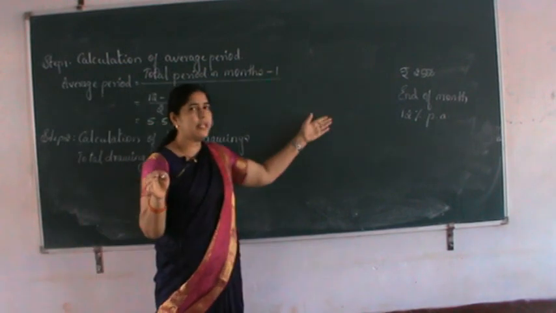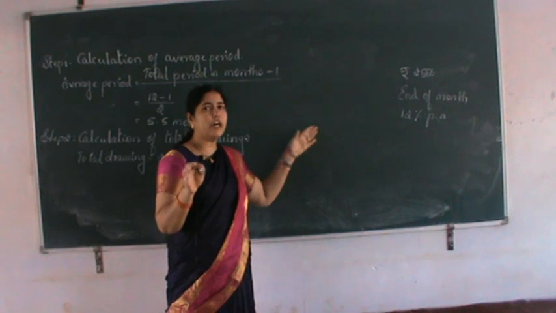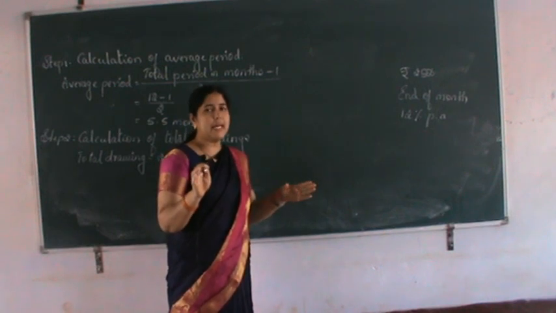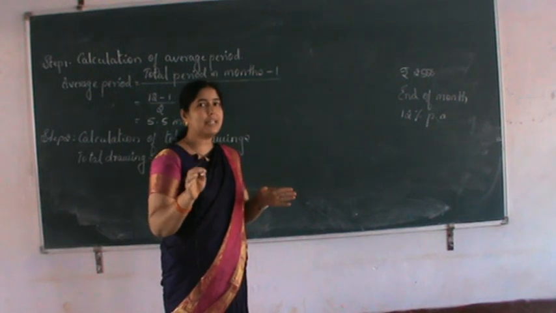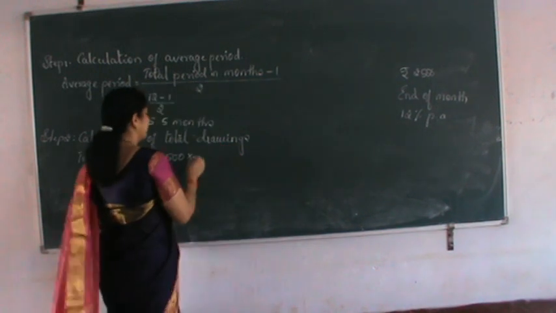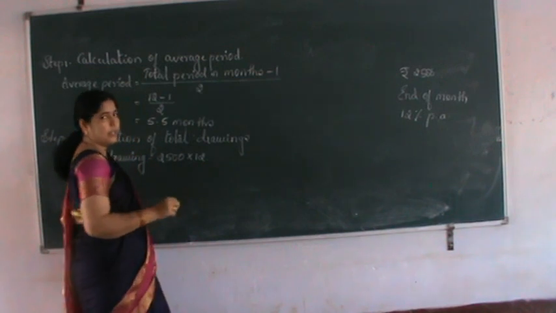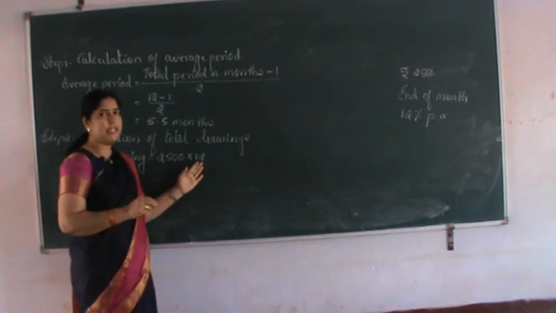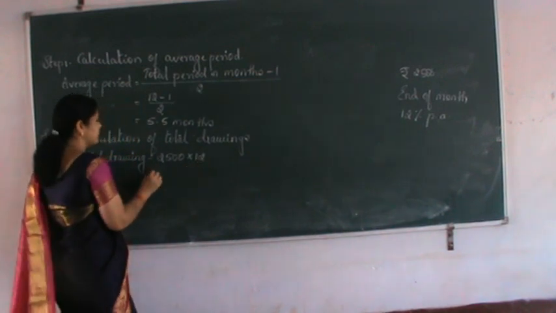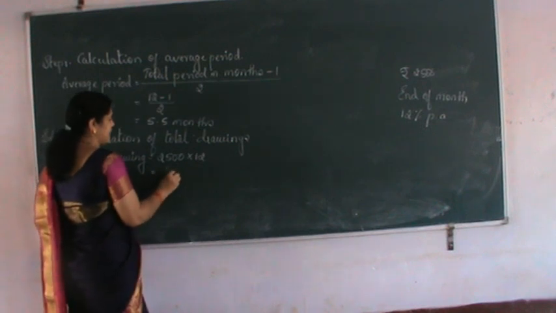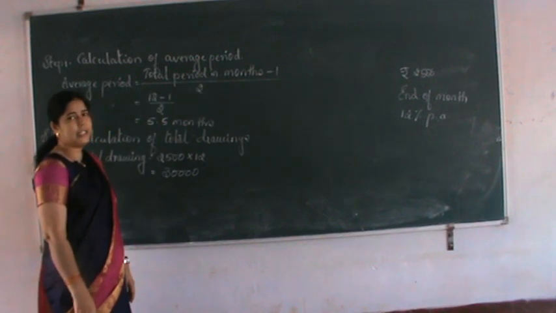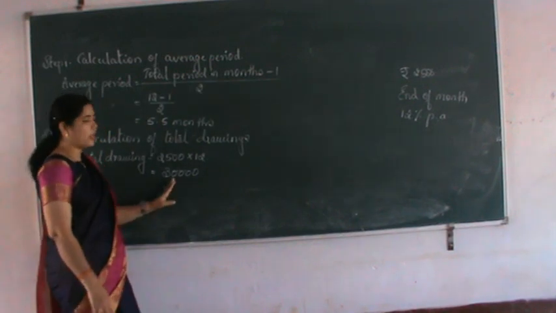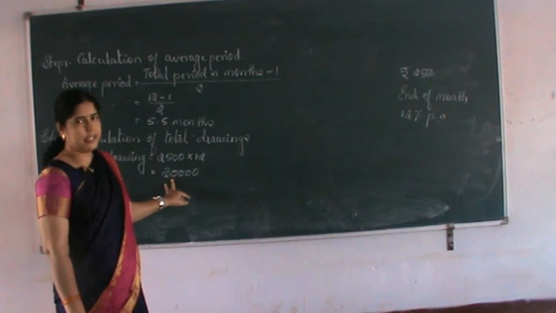Here the partner is taking the drawings at the end of every month. That means he has taken throughout the 12 months, so 12 times in that particular year. So in this case, the total drawings come to rupees 30,000.